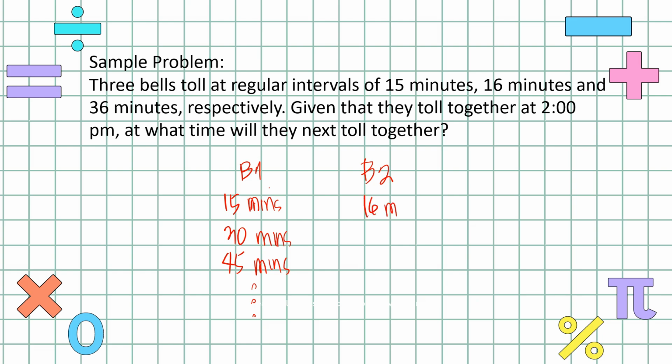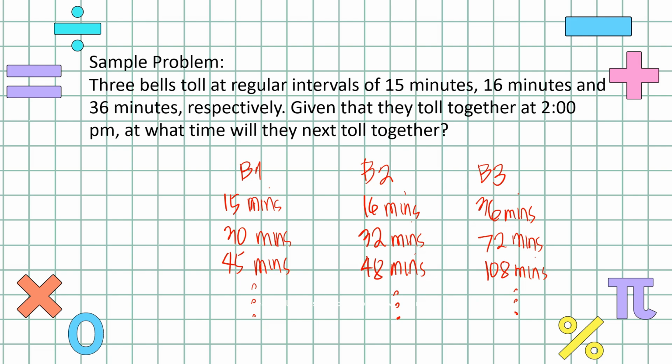So the first toll would be at 16 minutes, the second after 32 minutes, and the third after 48 minutes. And the cycle continues. And the last bell tolls every 36 minutes, so it takes much longer. The first toll would be after 36 minutes, followed by 72 minutes, and then the third after 108 minutes, and so on and so forth.